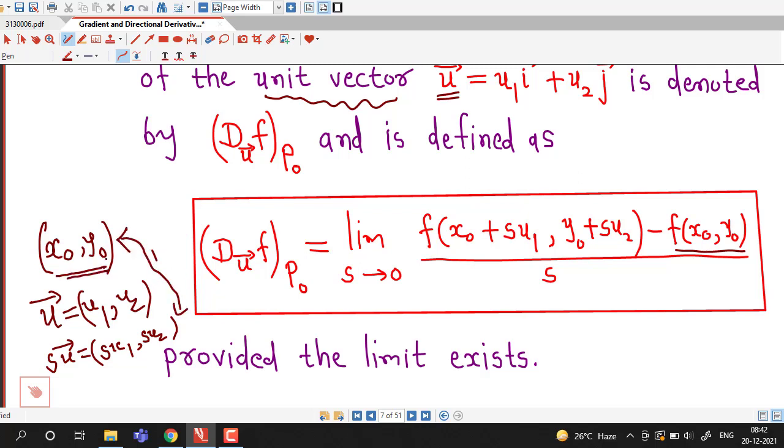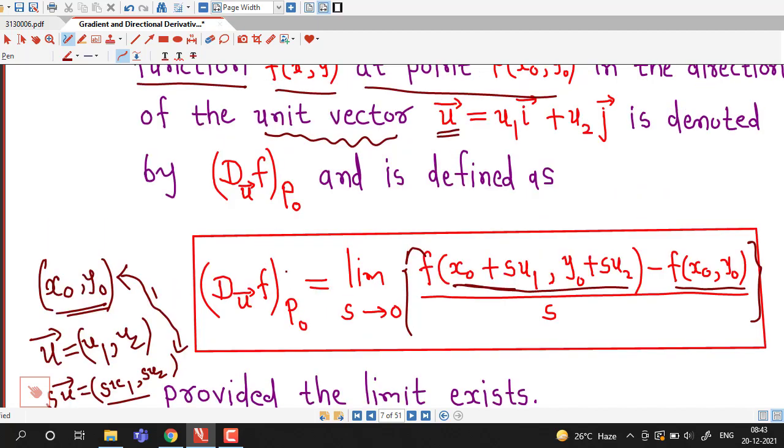So if we add these two vectors we have x0 plus s u1 comma y0 plus s u2. So value of scalar function at this vector minus value of scalar function at x0 y0, and this difference is divided by s, and limit of this quotient is considered as s is approaching 0. So if this limit exists, then we can say that derivative exists in the direction of unit vector at a given point.